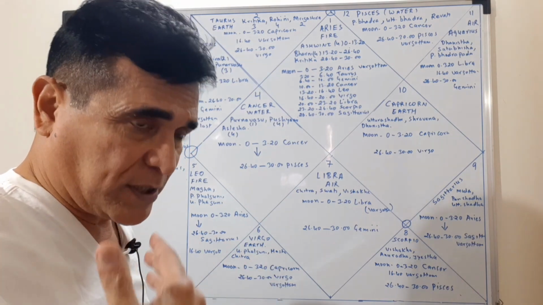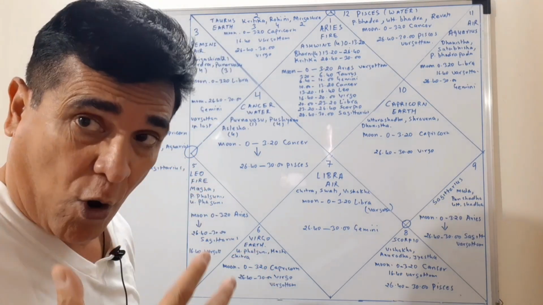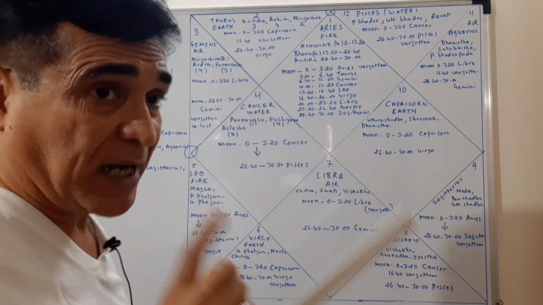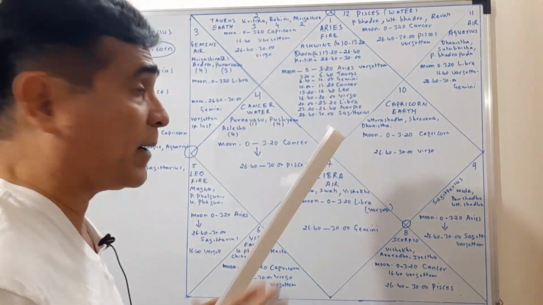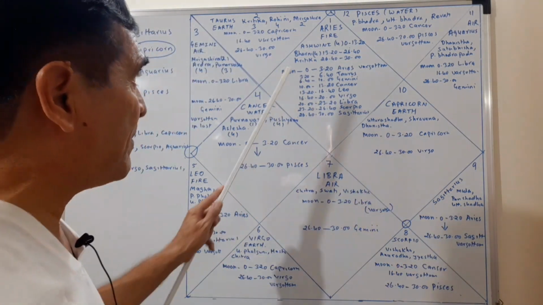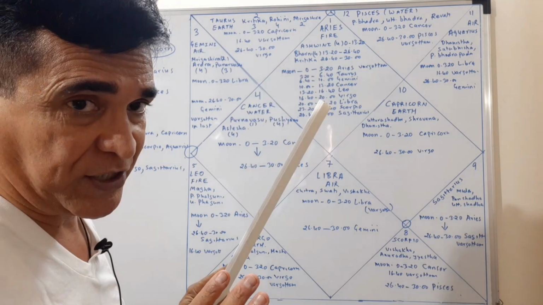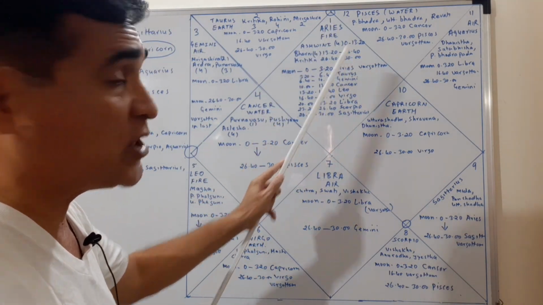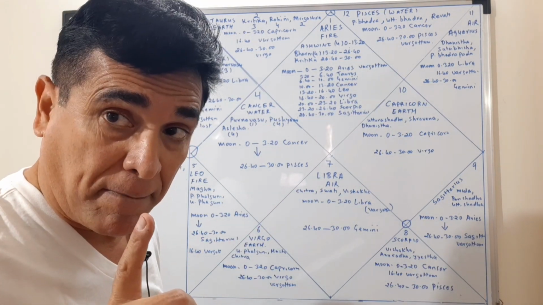Suppose you who are looking at this video were born, let us look at the moon. This has to be done for every house, but as an example I have done only Aries over here. A person born in Aries with the moon between 0 and 3.20 degrees will obviously show Aries in Aries as Vargottama.